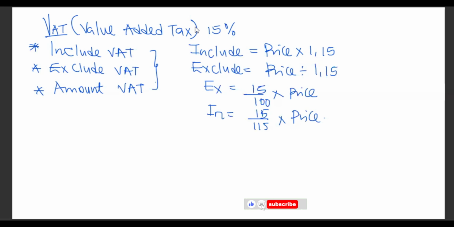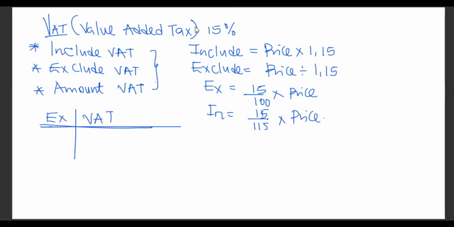There's another method that we usually use for those who are still just starting. Remember, the price before VAT is excluded, then we have our VAT, then the price when VAT is included. When the price has no VAT, it's exclusive, it's at 100%.